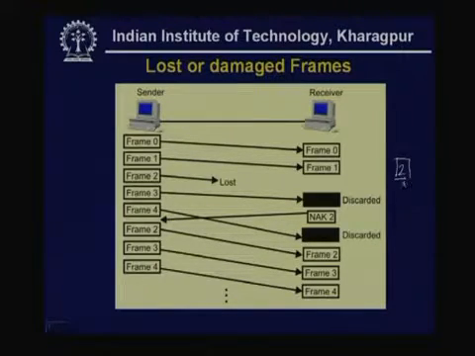So, it can receive only frame 2, no other frame can be received. So, here frame 3 is discarded. At the same time, it sends a negative acknowledgement NAK 2, and after receiving that NAK 2, the sender will again send 2, 3 and 4 because it is using the go back N ARQ technique. So, how the lost frames are tackled is explained here.